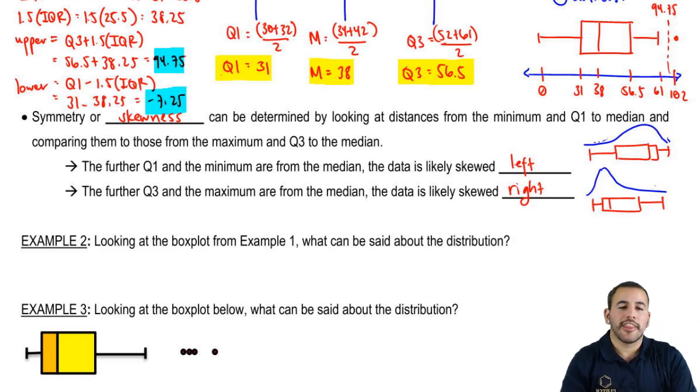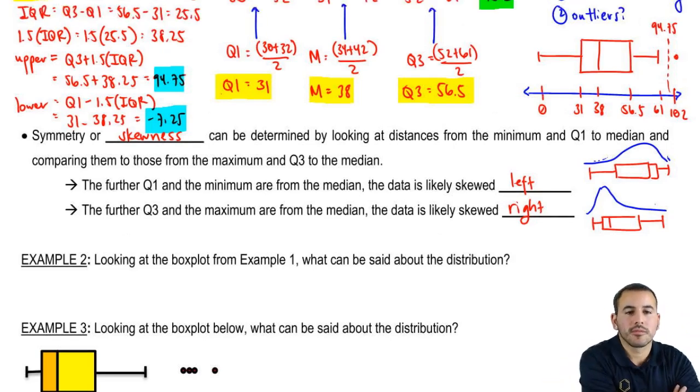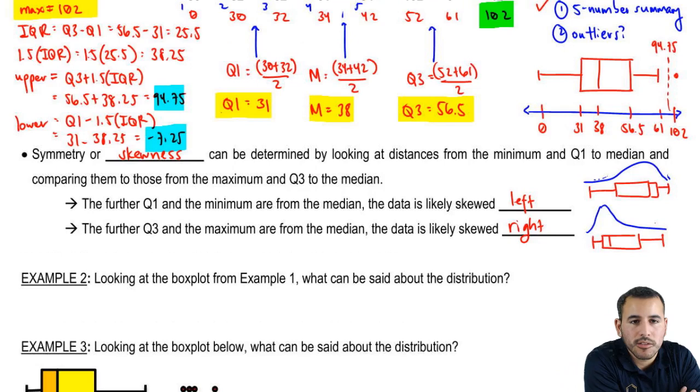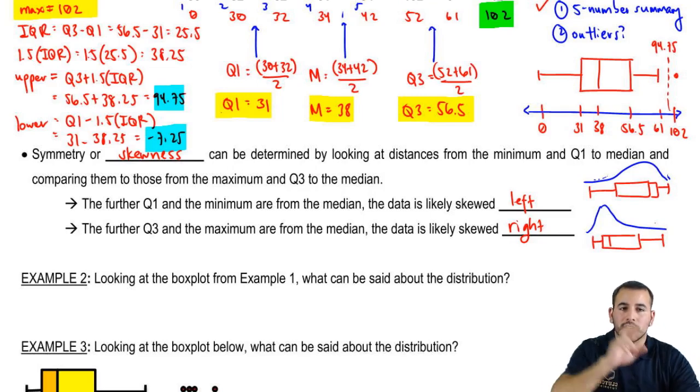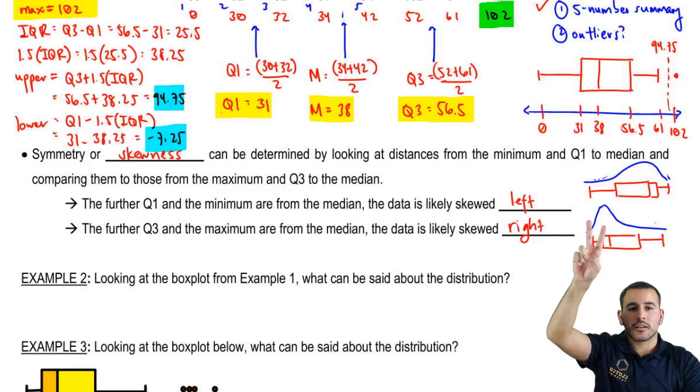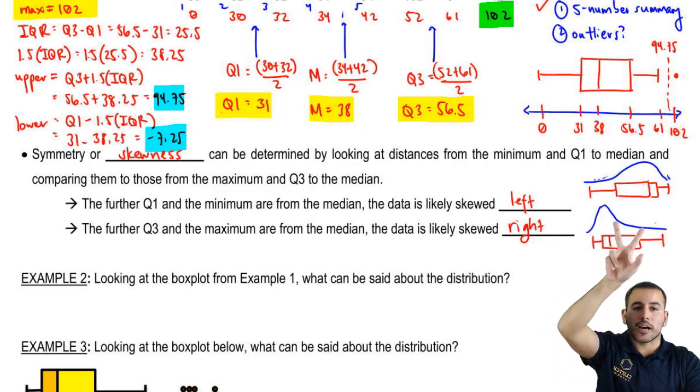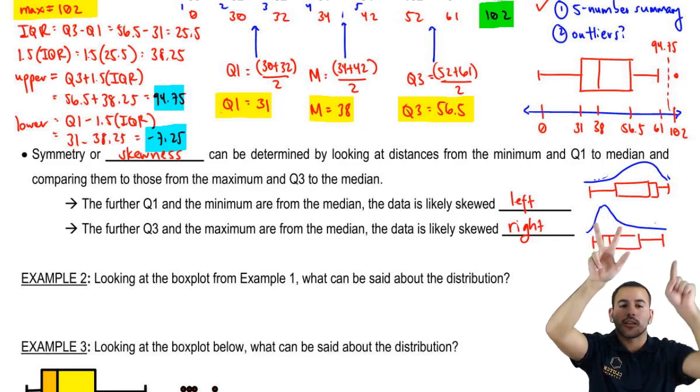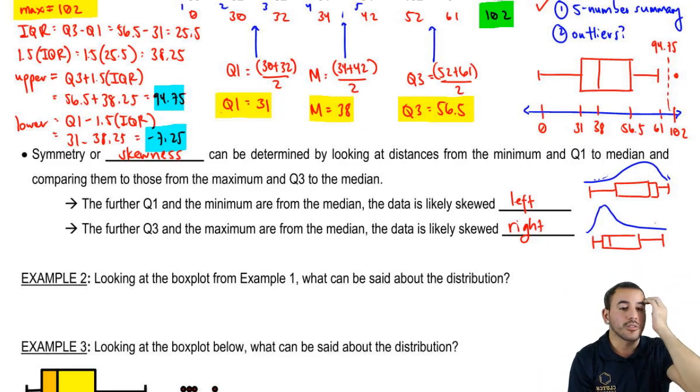So that box plot, what do we see happening in terms of distances? There's a small gap between Q1 and the median, and there's a larger gap between Q3 and the median. And there's also an outlier, right?